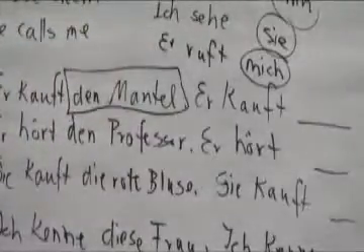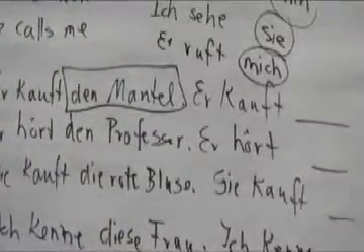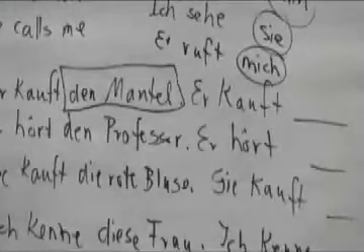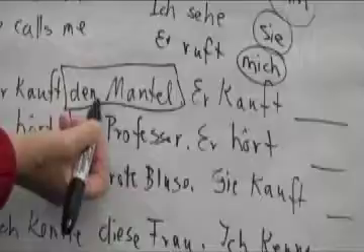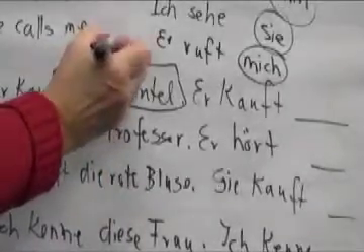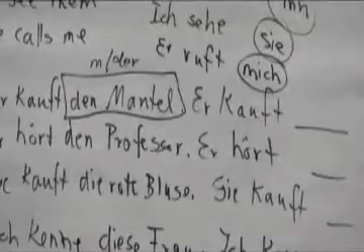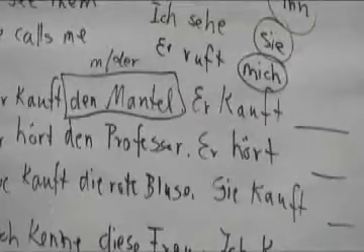How do we say that in English? Kauft den Mantel. In English we would say he buys it, right? Now Mantel is a masculine noun. It's a former der word, right? Den Mantel. So, how do you say it?